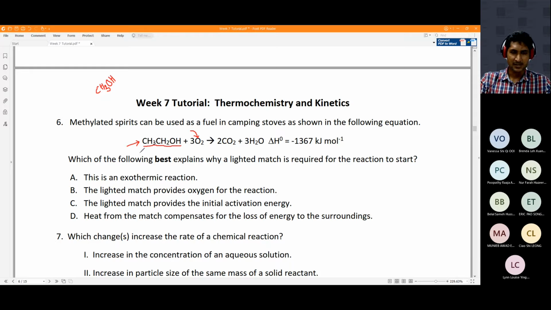Now a new research came out. But anyway, people sometimes drink this and they die of the toxic effect, because that is not pure ethanol. Some methanol, CH3OH, is mixed in to prevent it from being drunk.